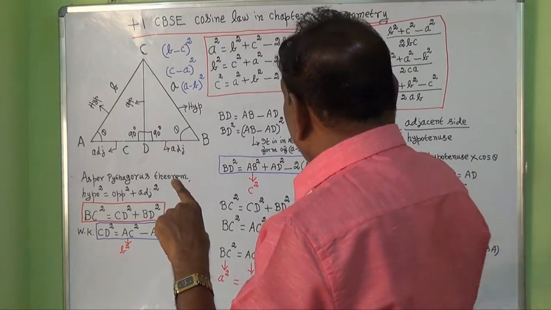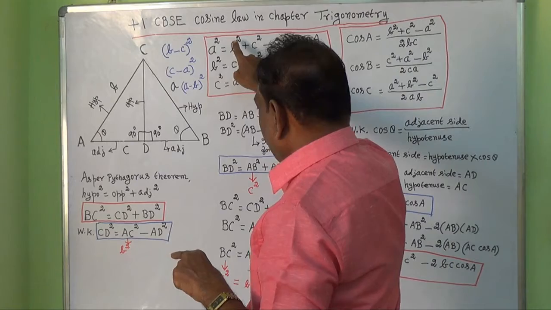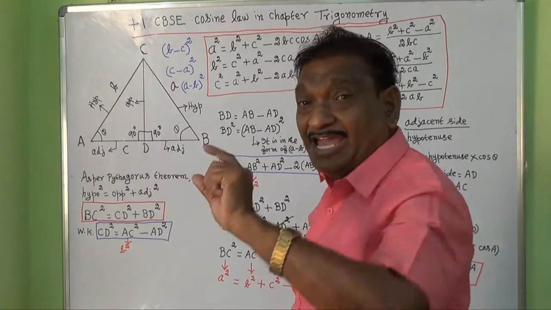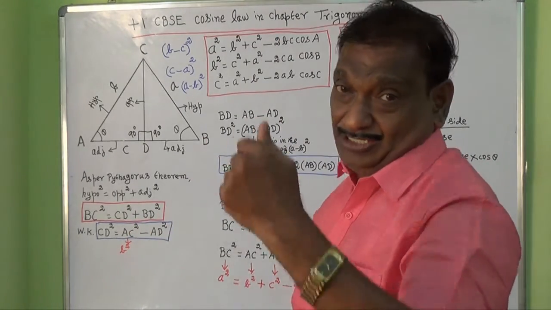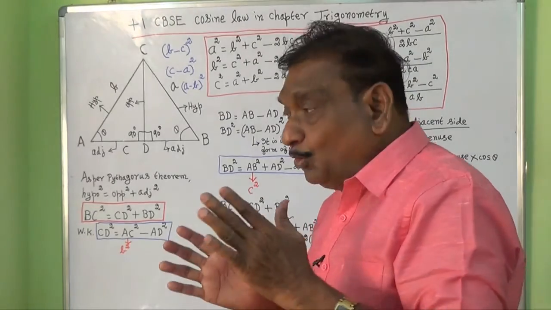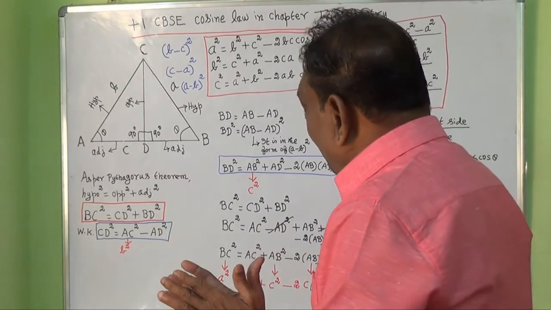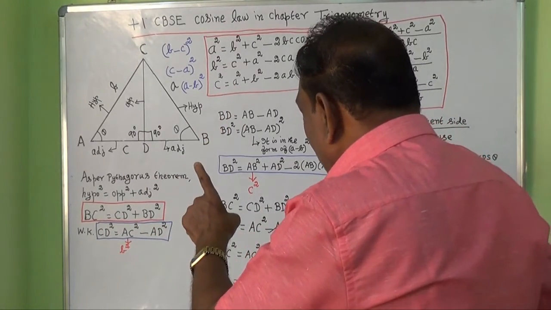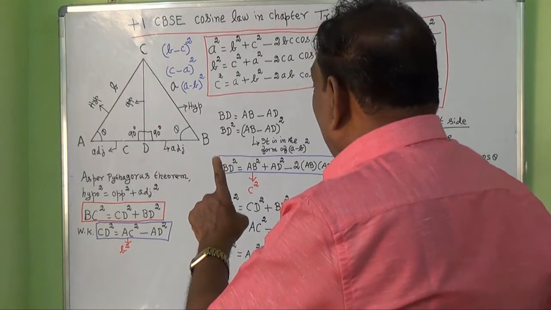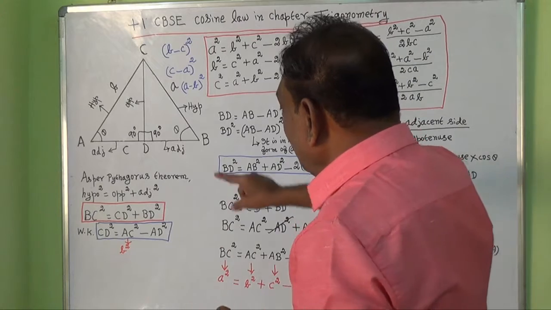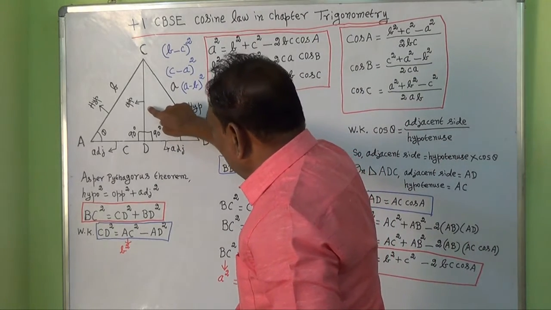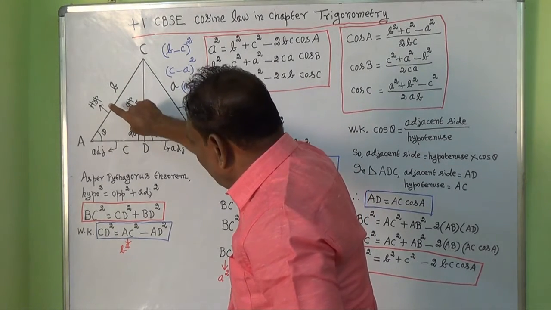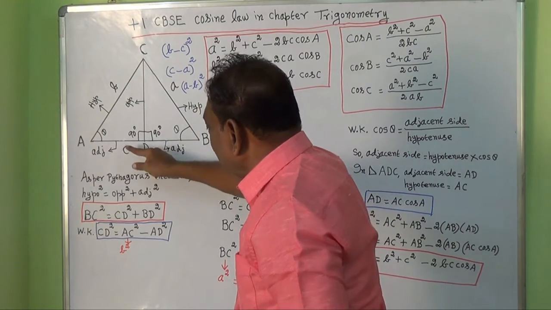Next, we want the term b square. That is, the side b is placed in the left side right-angled triangle. So now we are going to take the left side right-angled triangle ADC. In this right-angled triangle ADC, CD forms the opposite side, AC forms the hypotenuse and AD forms the adjacent side.